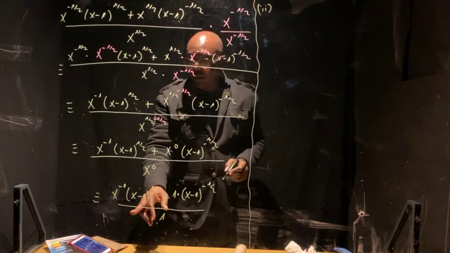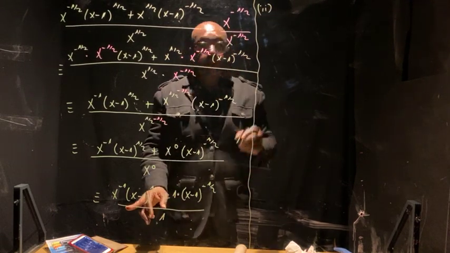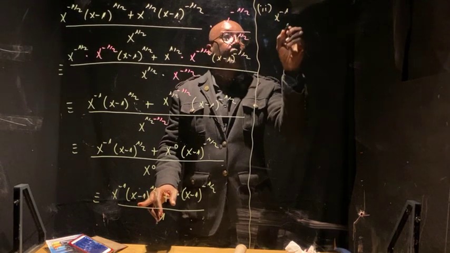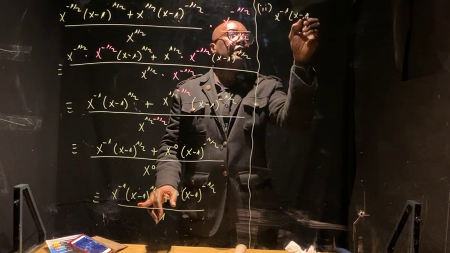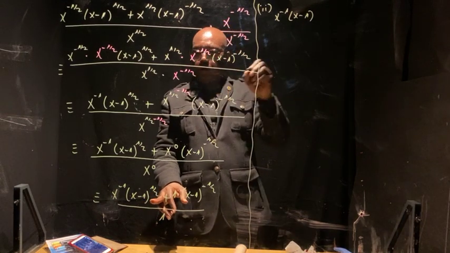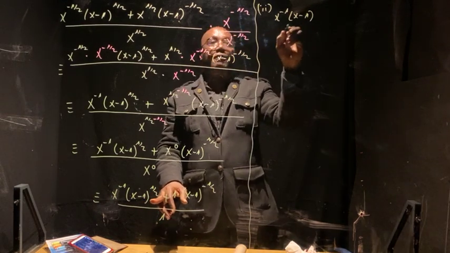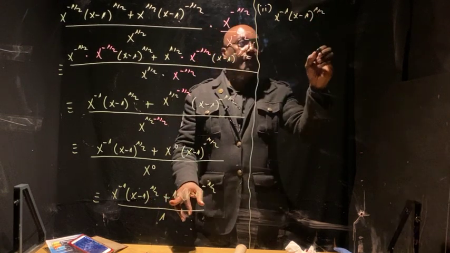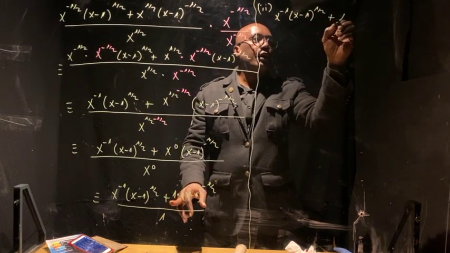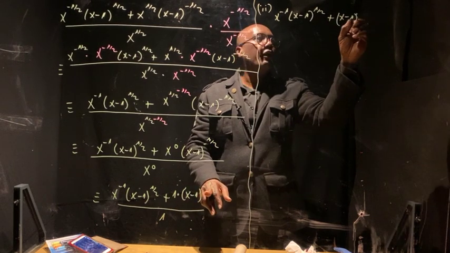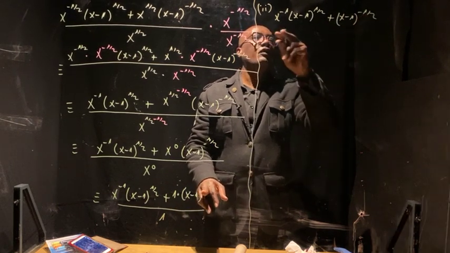Pick it up. We have x raised to the power negative 1, x minus 1 raised to the power half plus x minus 1 raised to the power negative half. All over 1 means the same.